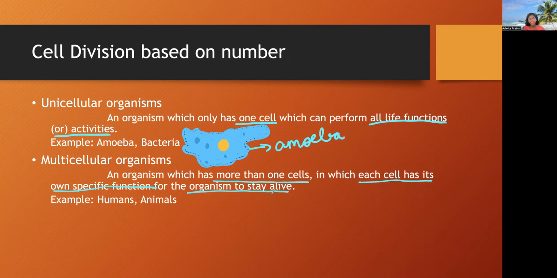But that is not the case when it comes to the unicellular organism, as it has only one cell. So if that cell dies, the organism dies. So some examples of multicellular organisms include humans, animals, and other organisms, that is birds, trees, like that.